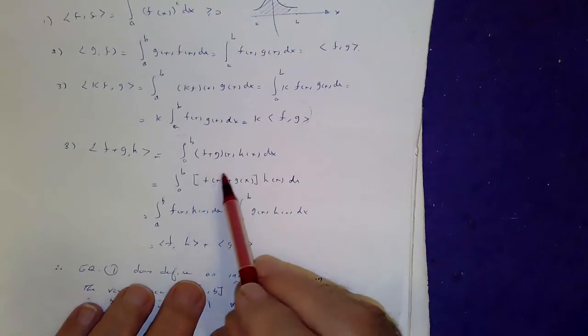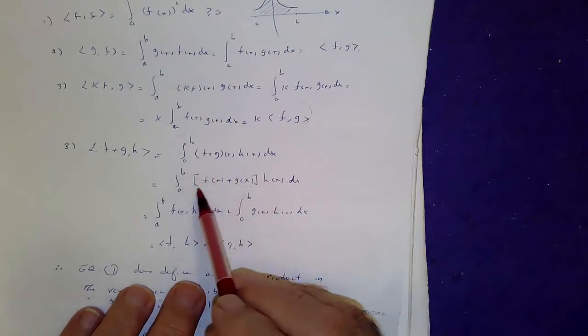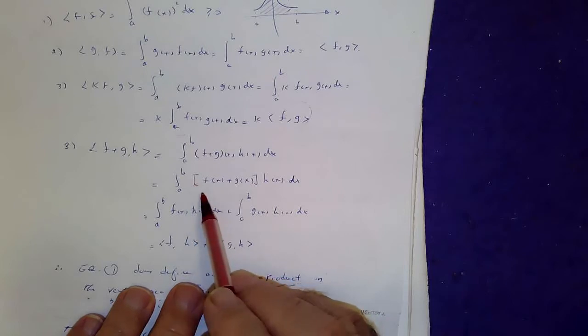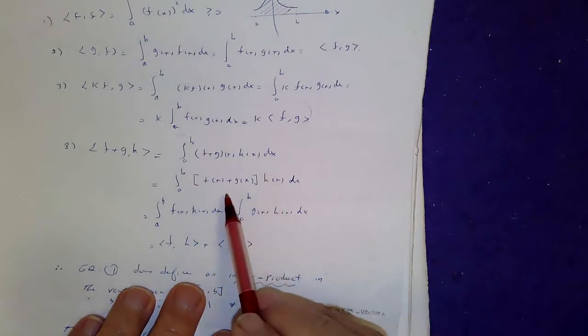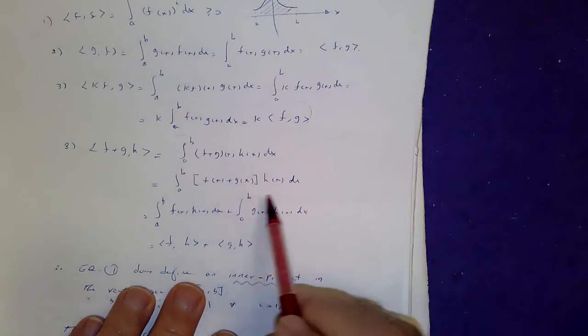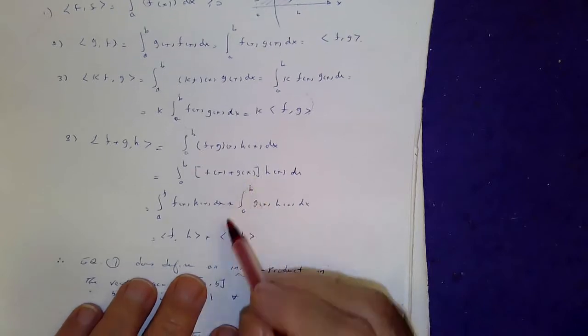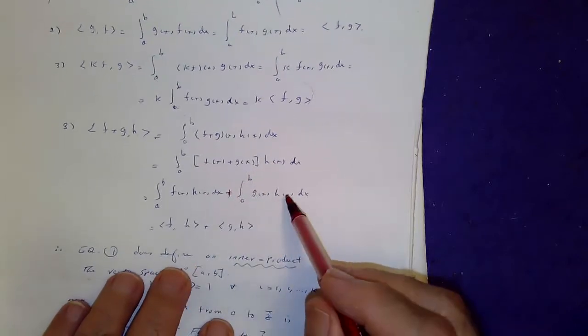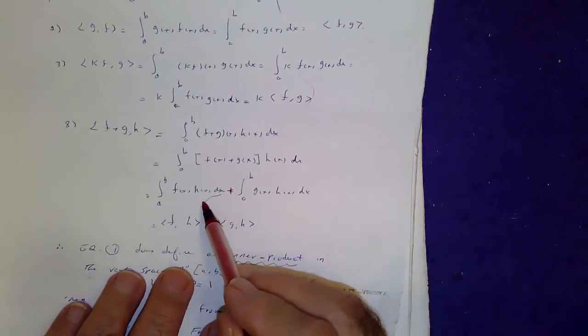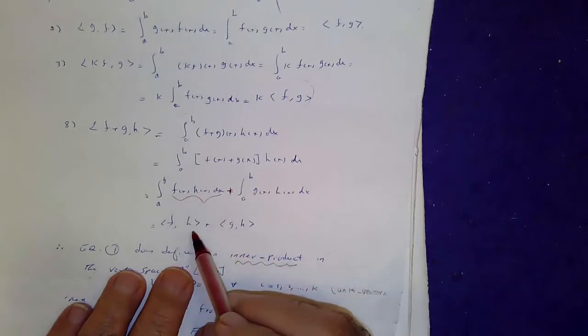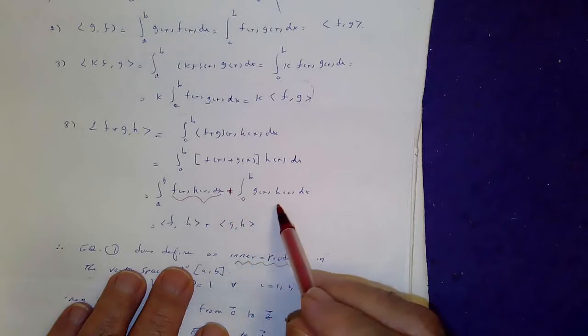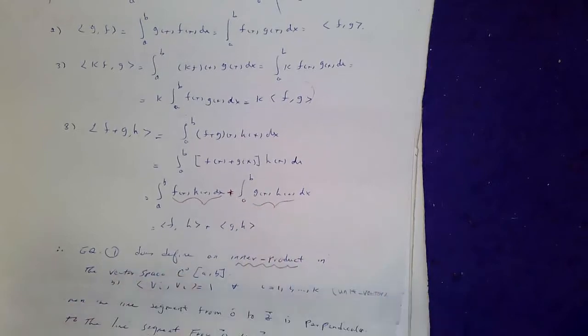Due to the properties of real-valued functions and definite integrals of single variables, you can split this and separate the summation of the integrals, and lo and behold, this is by definition the inner product of f and h, plus the inner product of g and h.